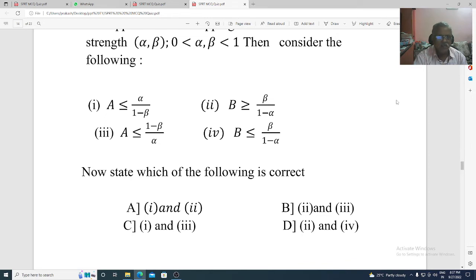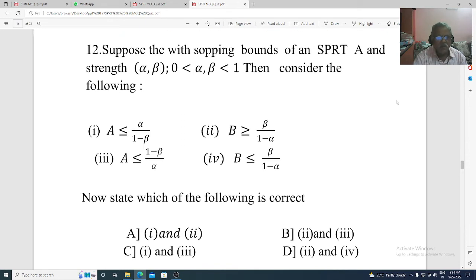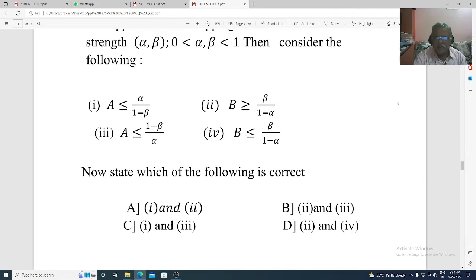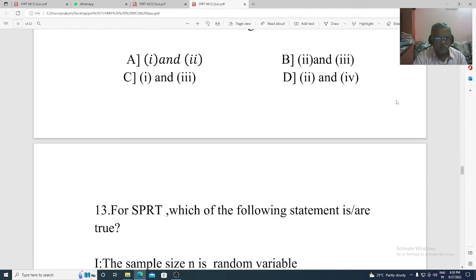A less than or equal to 1 minus beta divided by alpha. 4. B less than or equal to beta divided by 1 minus alpha. Now state which of the following is correct. Option A: 1 and 2. Option B: 2 and 3. Option C: 1 and 3. Option D: 2 and 4. The correct option is option B, 2 and 3.